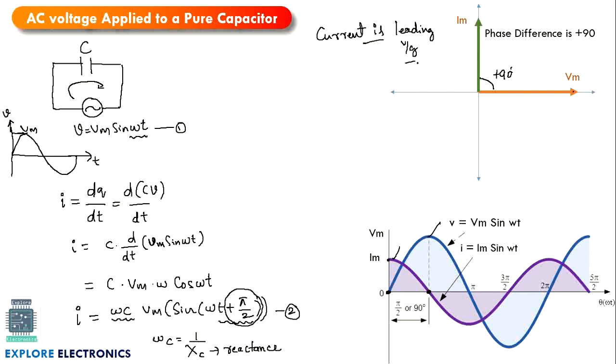And for this, let us derive the expression for power, to see how the power dissipation in the capacitor will be. Let me write the instantaneous value of P first. P instantaneous, that means P AC, is equal to V into I. What is V here? It is Vm sin omega t, and the current is Im sin omega t plus pi by 2.